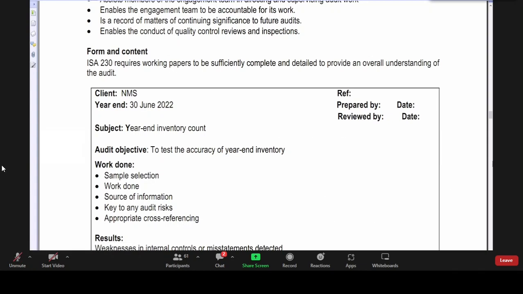So this is a working paper, ladies and gentlemen. It's basically showing the same thing. What are you trying to do? You're auditing inventory. What audit objective do you want to achieve? You want to test the accuracy of the year-end inventory. So what are you going to do?